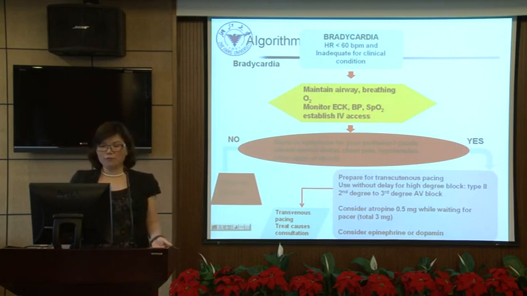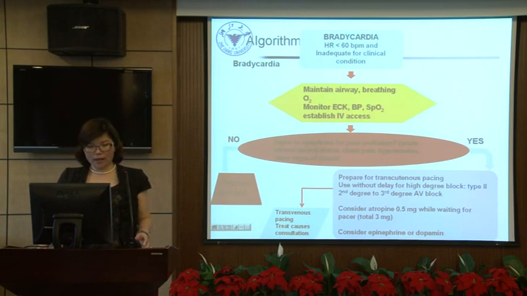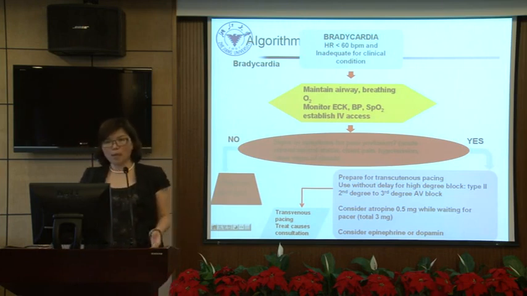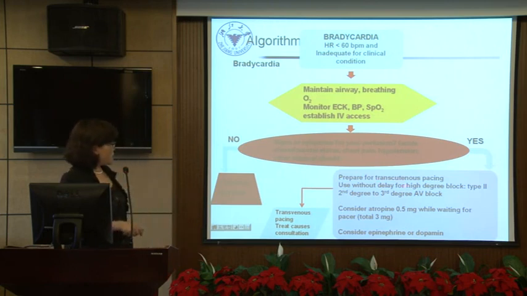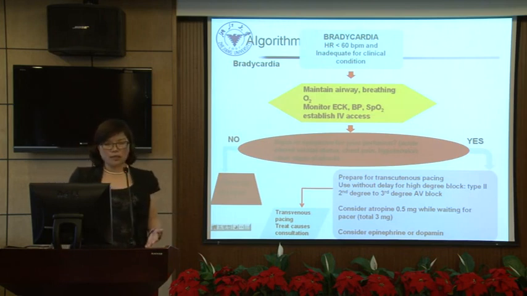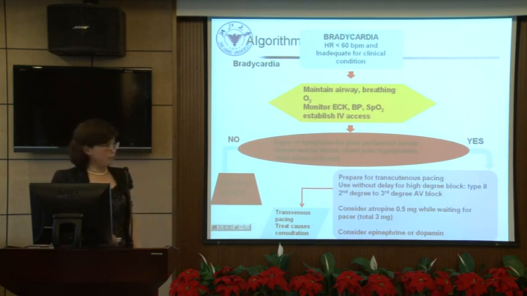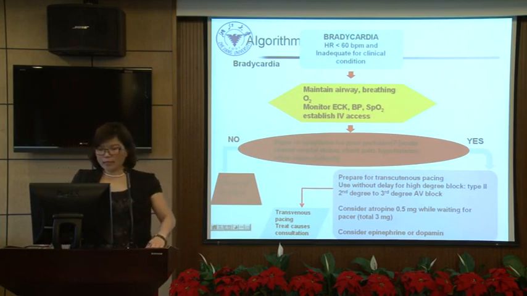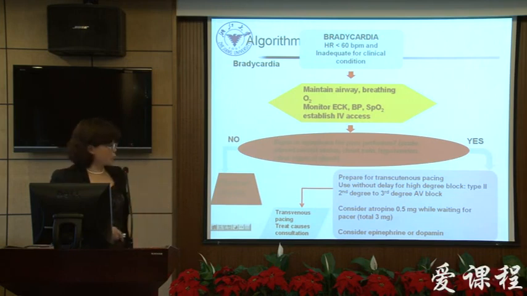For example, if the patient has acute altered mental status, or chest pain, or hypotension, or other signs of shock, prepare for transcutaneous pacing, because the heart rate is too low and the patient has signs or symptoms of poor perfusion. You should use it without delay for high degree block.